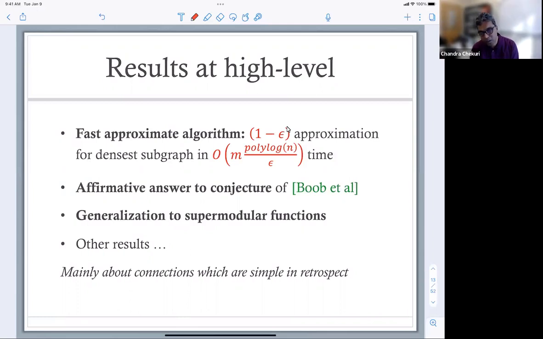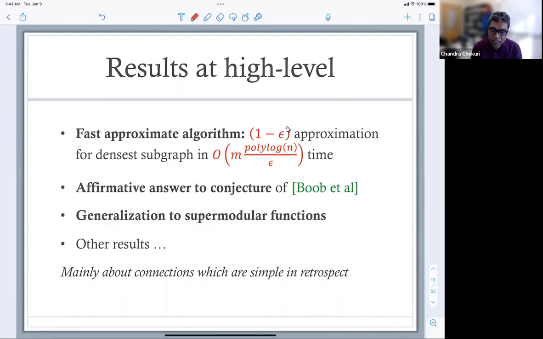The thing that is also of interest to me is that we made some connections to show that supermodularity is a useful way to unify some of the results in the literature. In fact, the way we answered the conjecture came about because we thought about supermodular functions rather than just the graph case.